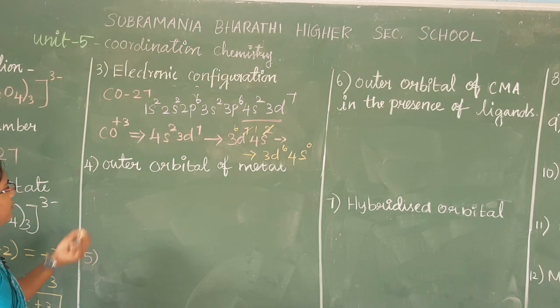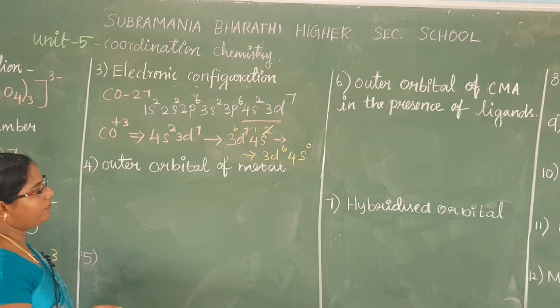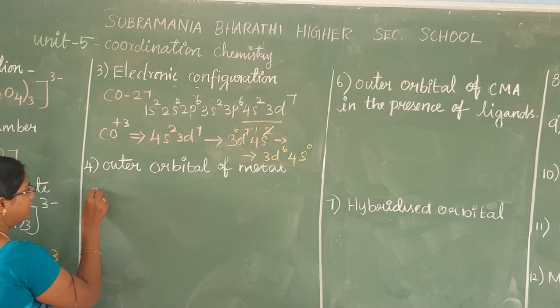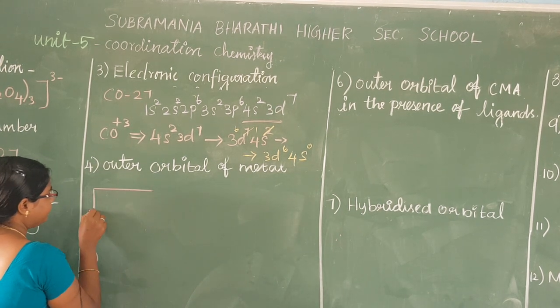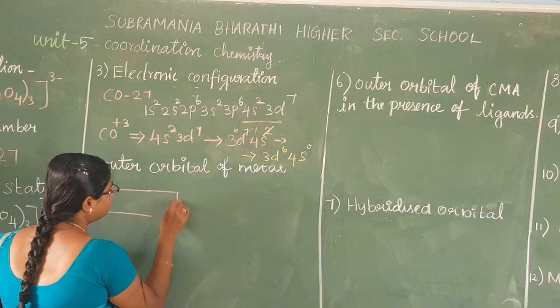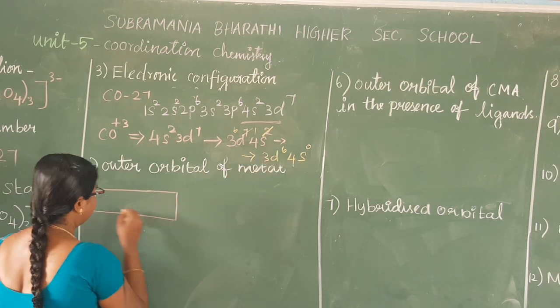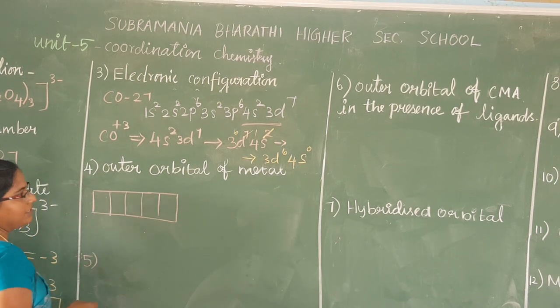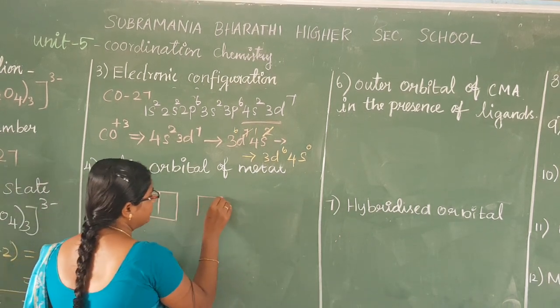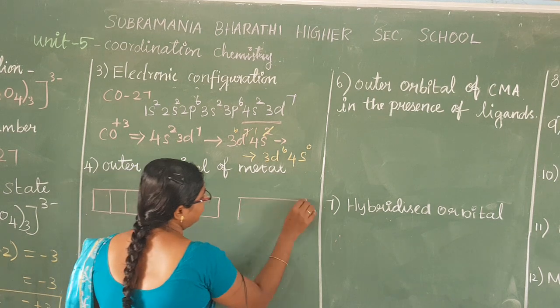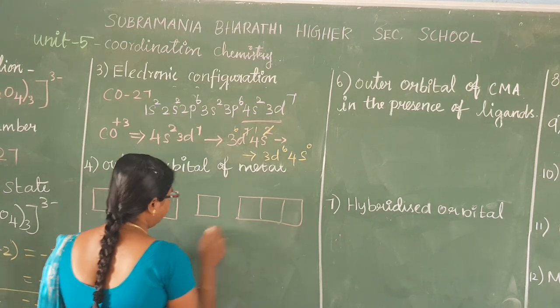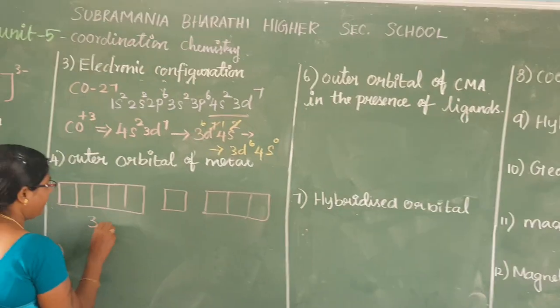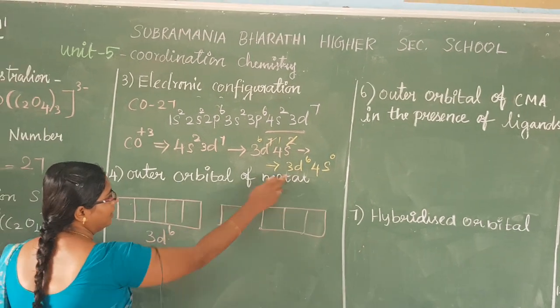Then the next step is the outer orbital of a metal. I am going to draw the degeneracy set. The 3d orbital has 5 degenerate orbitals, then the s orbital, then the p orbital. So this is having 3d6 electrons.